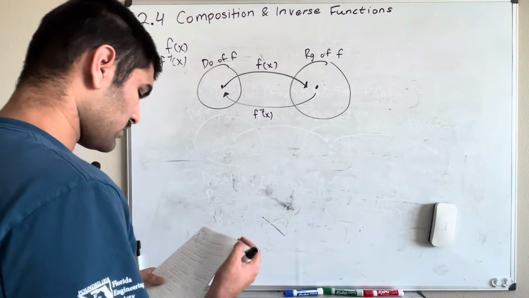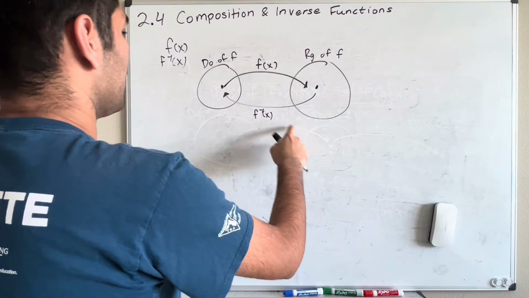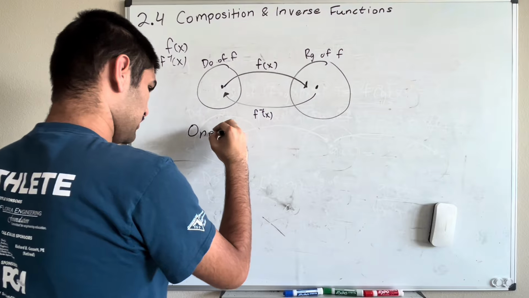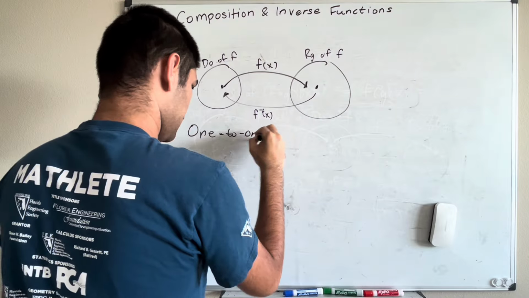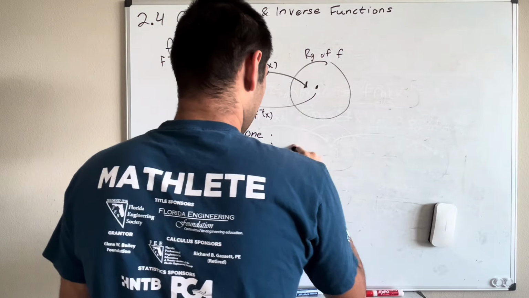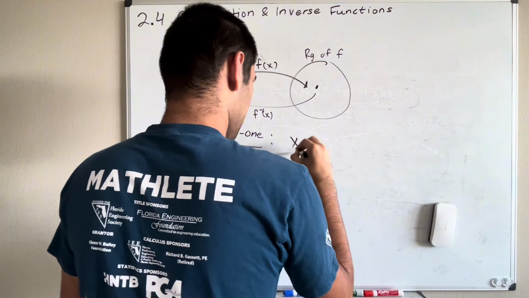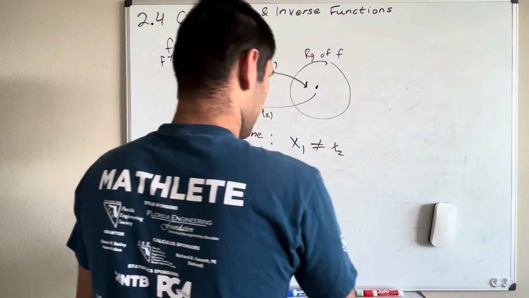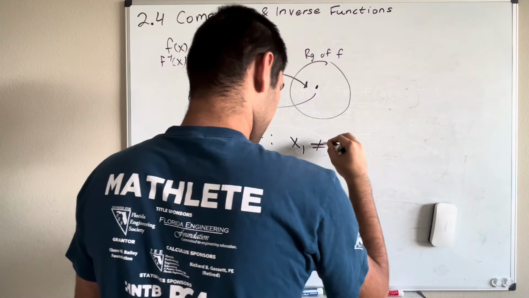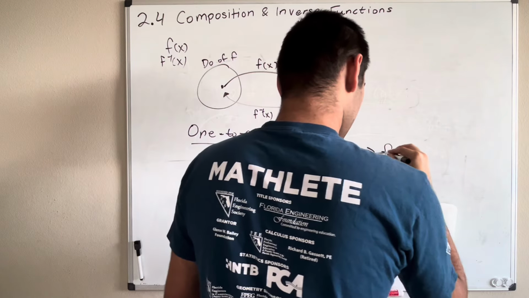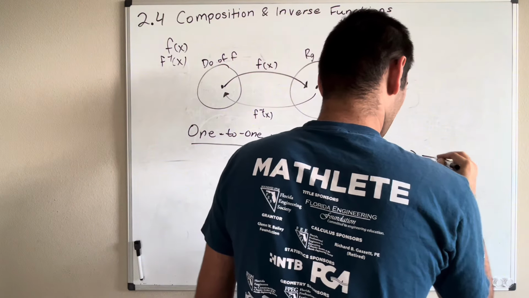Okay? So the only way this is possible is if the function is 1 to 1. So what does it mean for a function to be 1 to 1? Basically it means that if you have two input values, x1 and x2, that are not the same, then the output values of those two things also can't be the same.